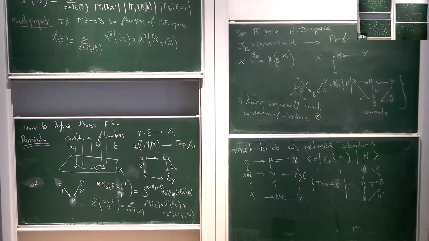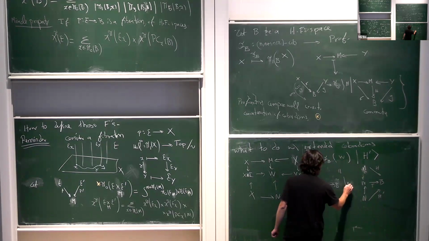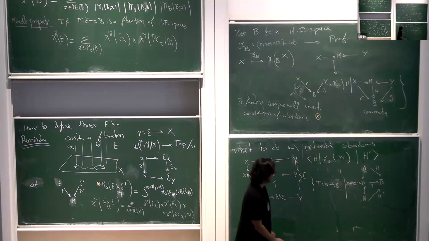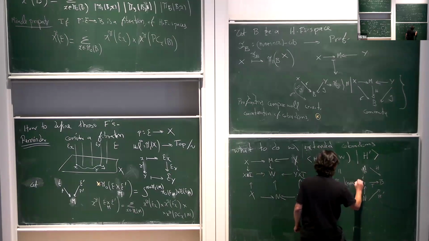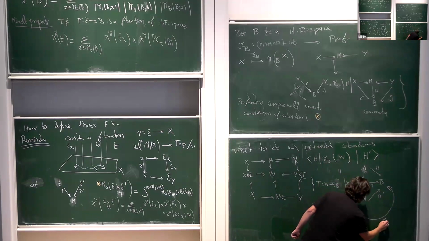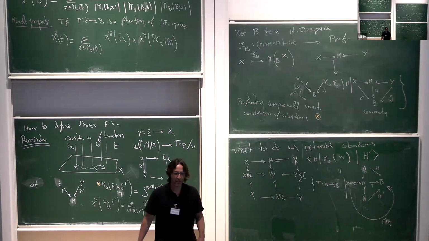And there's actually yet another condition I need to satisfy. I need to consider here X times I disjoint union Y times I, which includes here. And the condition is that if I go like this, I should get F disjoint union G. Not particularly illuminating, but that's what you do.